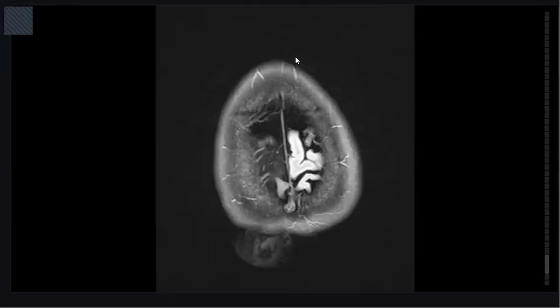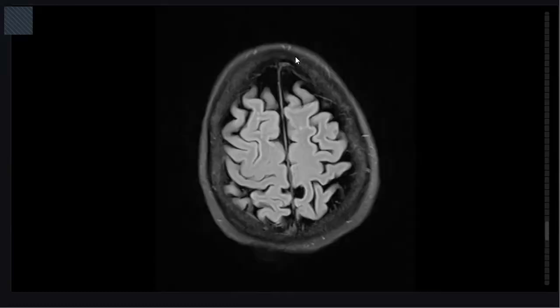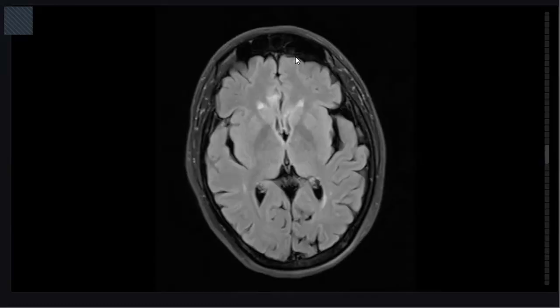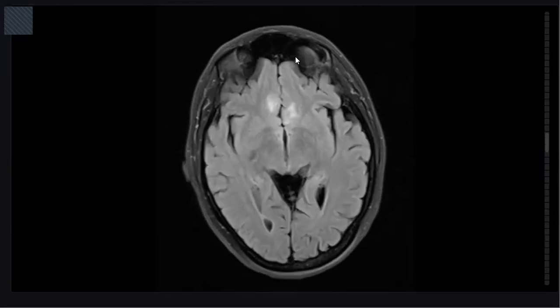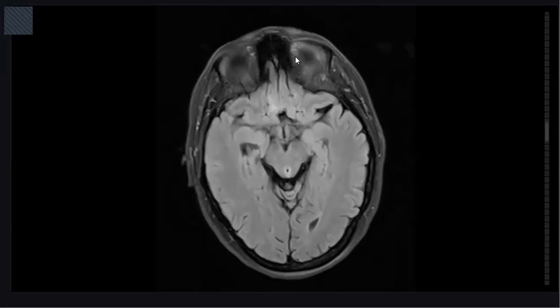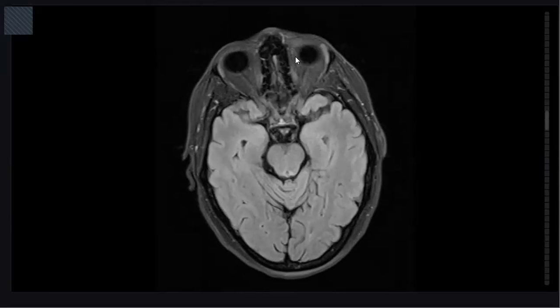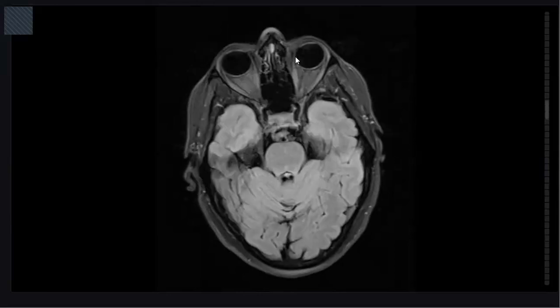Here at the periventricular region, it is clear at this area. I will ask about any history of hypertension in this patient. No hypertension, just ataxia.